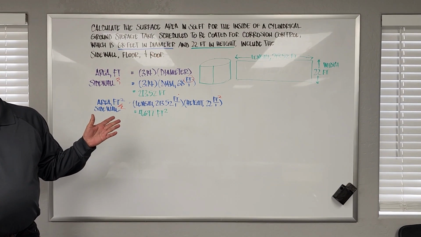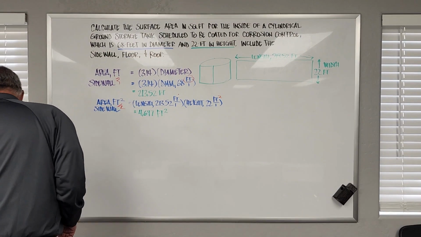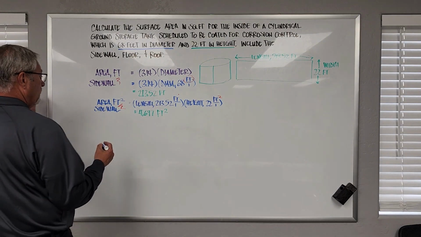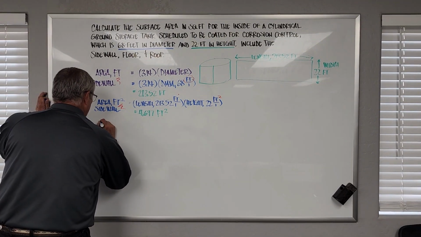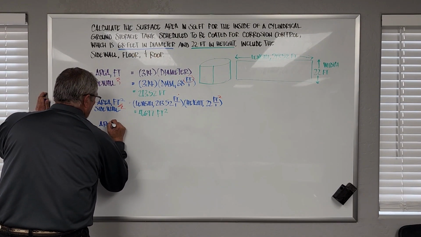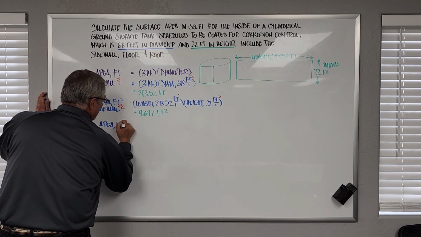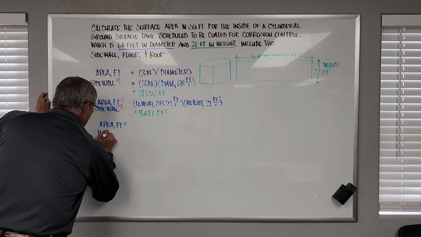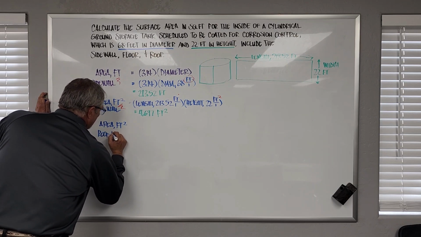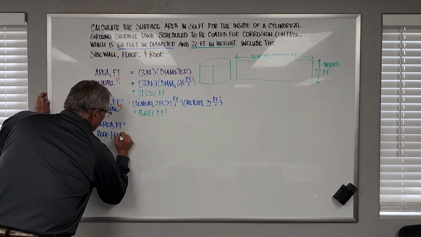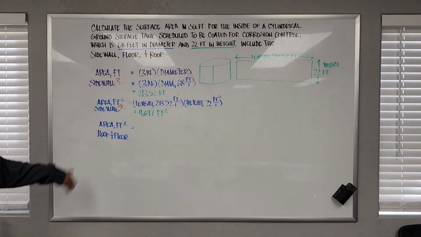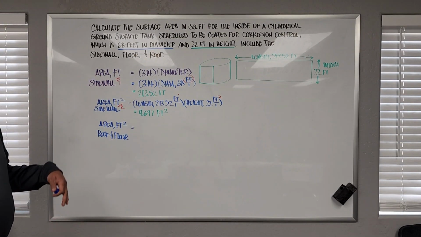We're not done yet though, right? We need area in square feet of the roof, which is going to be the same as the floor. So the roof and the floor, they're both the same.